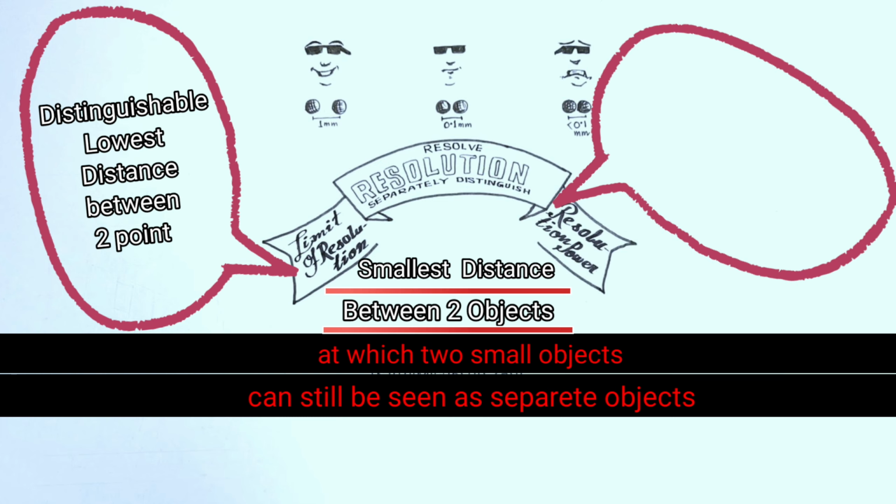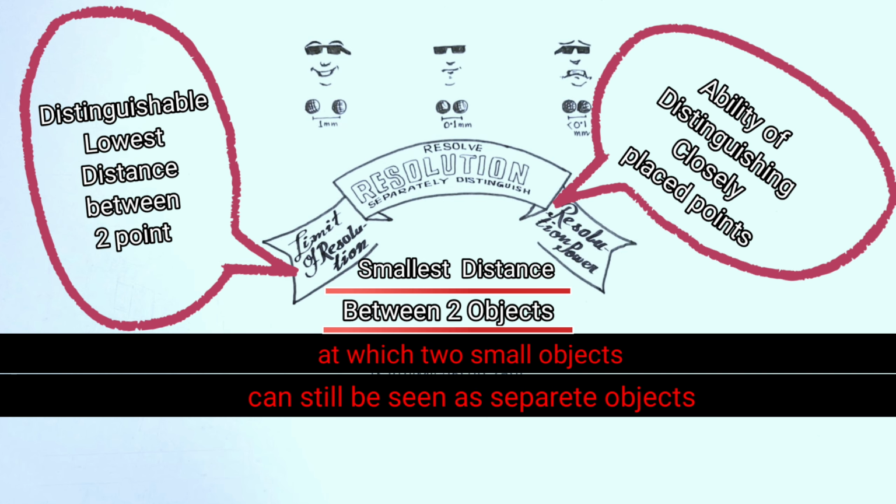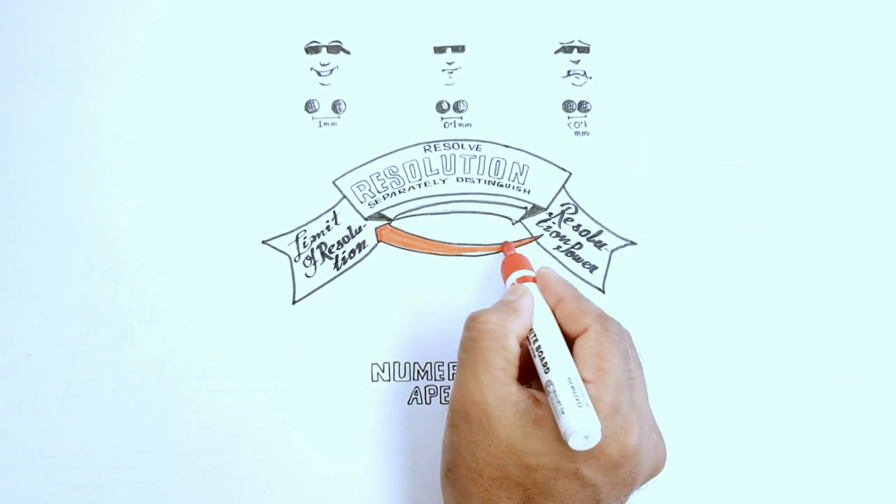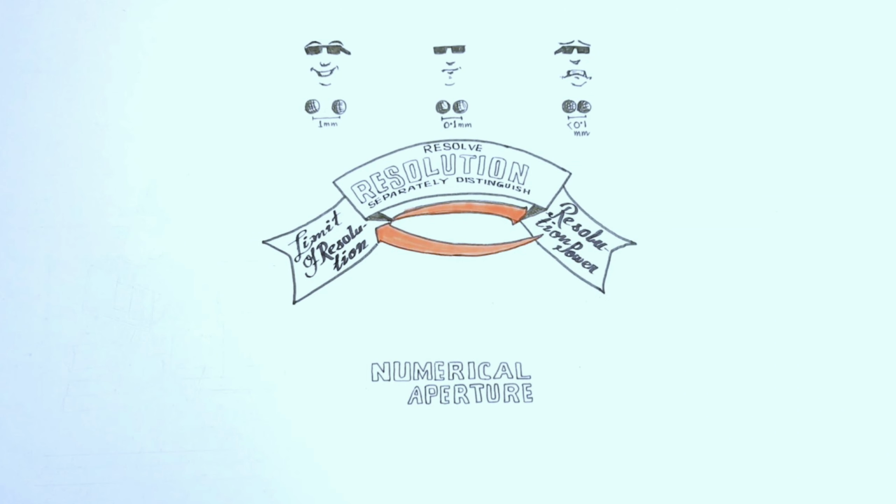By the term resolving power, we refer to the ability of a lens to distinguish closely placed points as separate points. To make it simple, we can say that the lesser the limit of resolution between 2 points, the higher is the resolving power of the lens. Or in other words, resolving power is inversely proportional to the limit of resolution. Hope these 3 terms are clear to you now.